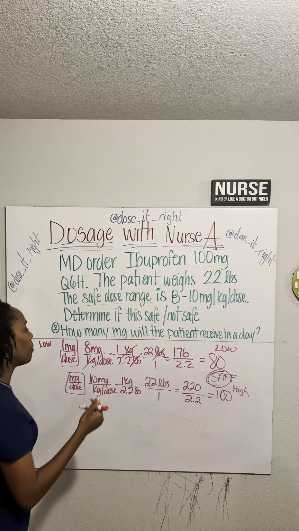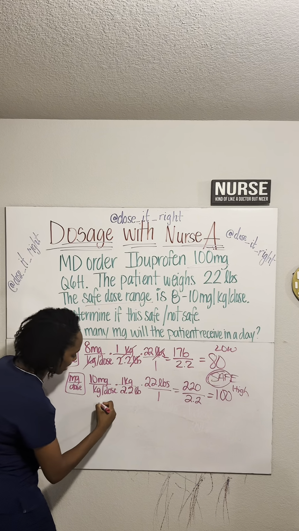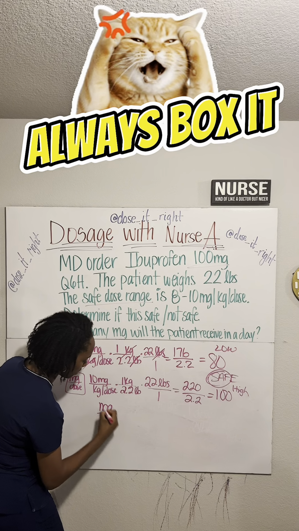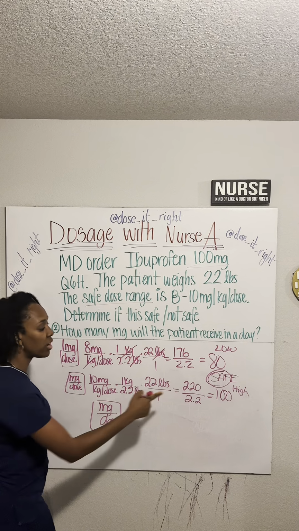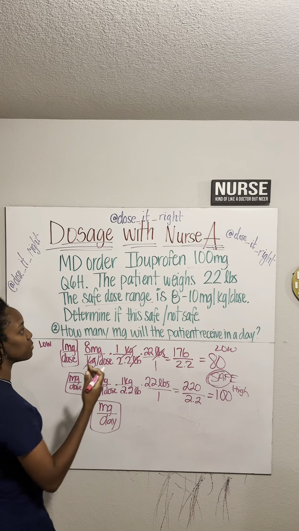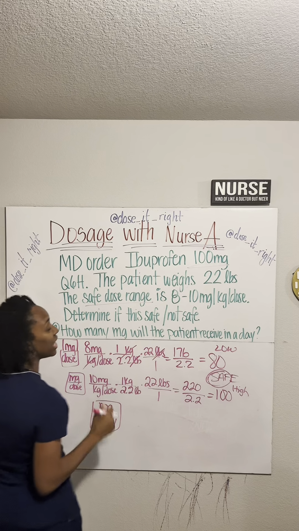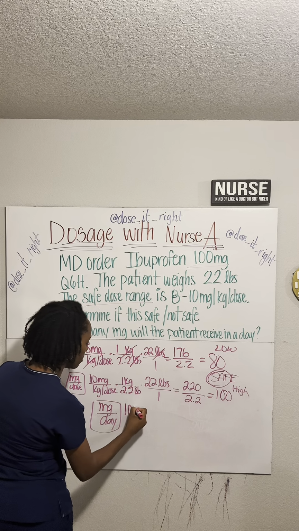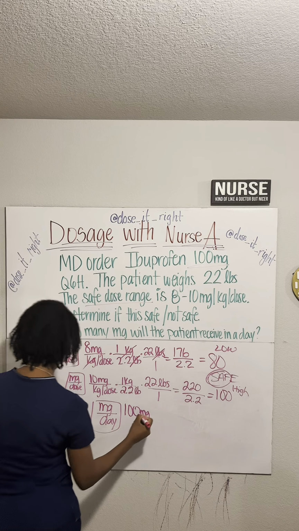The next part of the question asks, how many milligrams will the patient receive in a day? So basically what this question is asking us is how many milligrams per day, all right? So we know that the most amount that this person is getting right now is 100, and that's what the doctor also ordered, 100. So we know they're getting 100 milligrams, right?